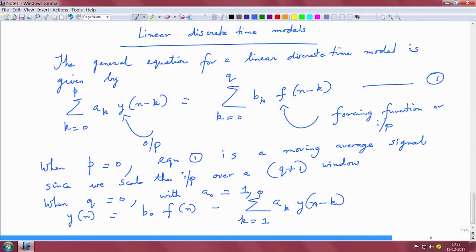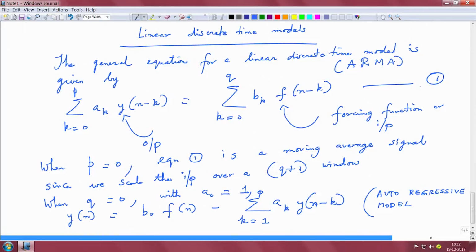So, this is essentially an autoregressive model. This general equation is the autoregressive moving average model, also called the ARMA model.